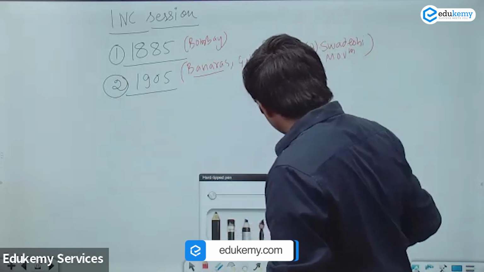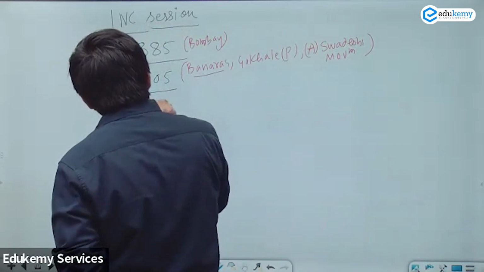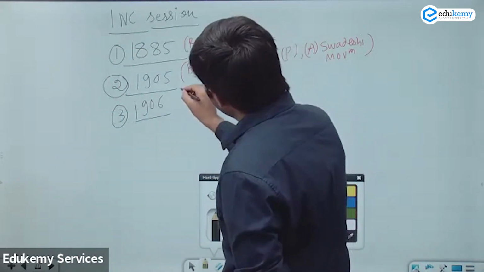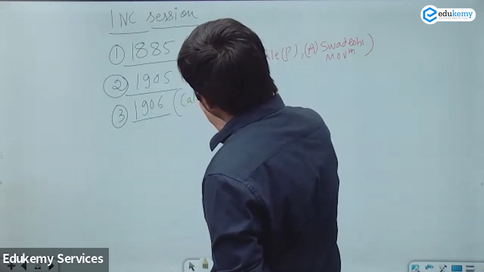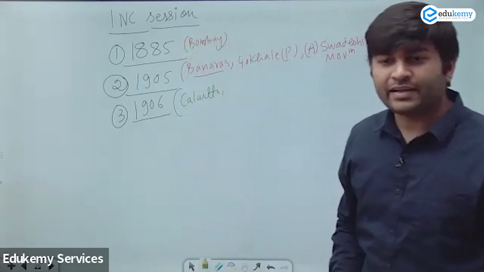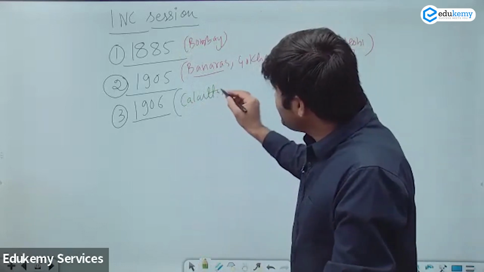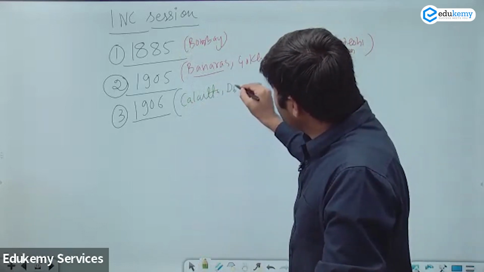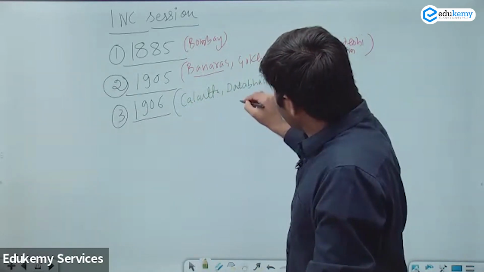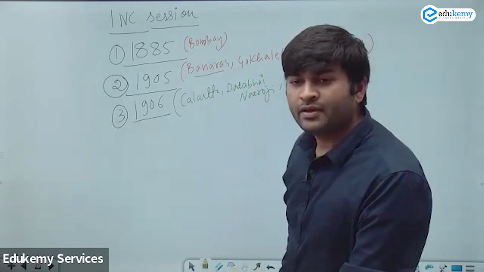Then third important is your 1906 Indian National Congress session. क्या होता है इसमें? Where does it happen? Calcutta. Partition of Bengal has already happened. Then for this you have Dada Bhai Nauroji. Who is the president?